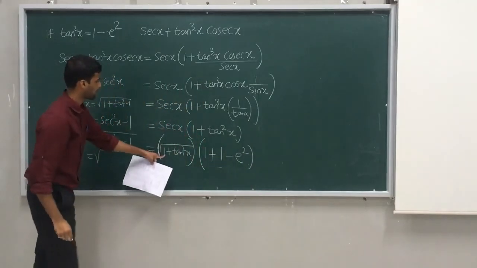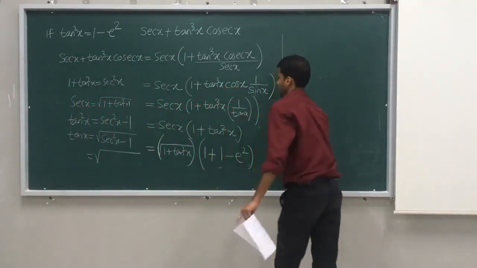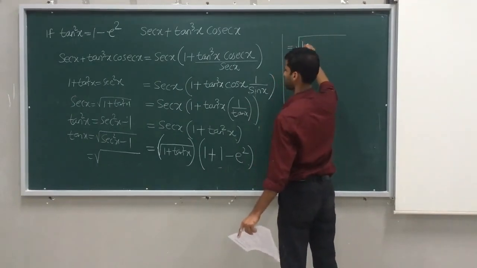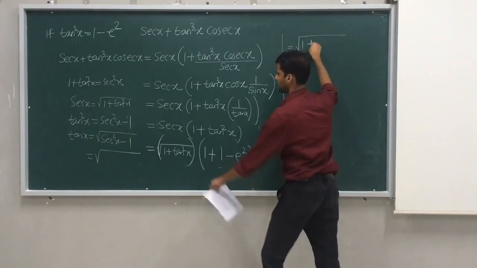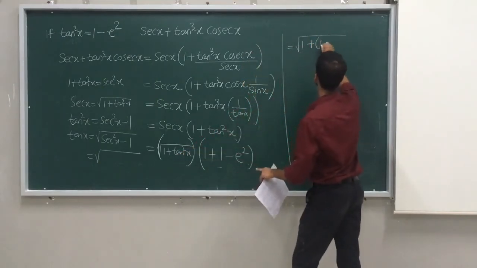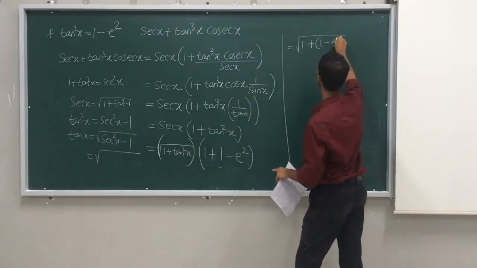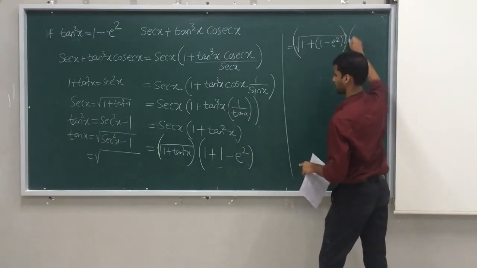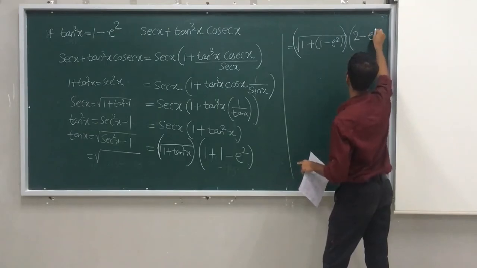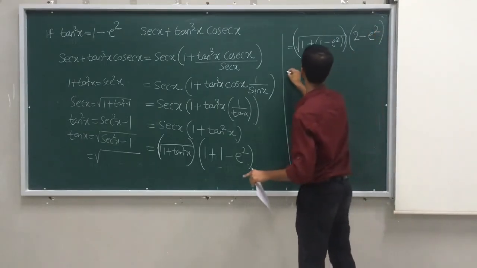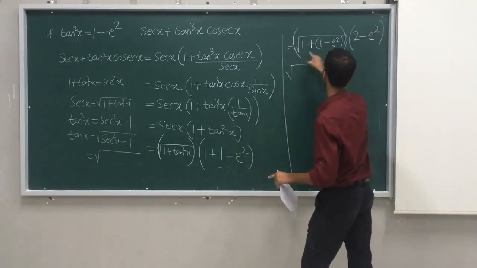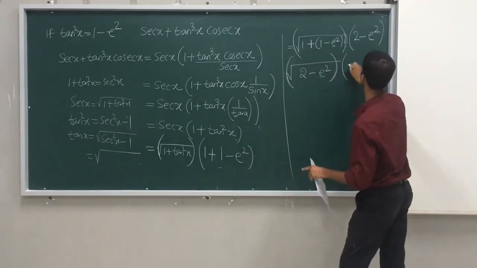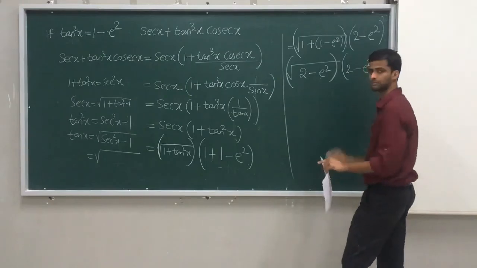So it is equal to square root of 1 plus, what is the tan square x answer? 1 minus t square, right? Into 2 minus t square, right? Which is nothing but square root of 1 plus 1, 2 minus t square into 2 minus t square, right?